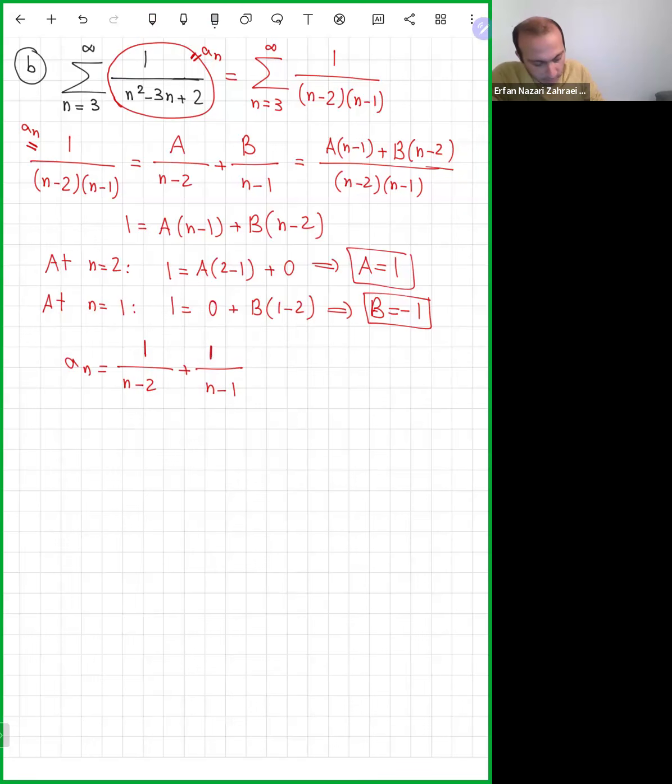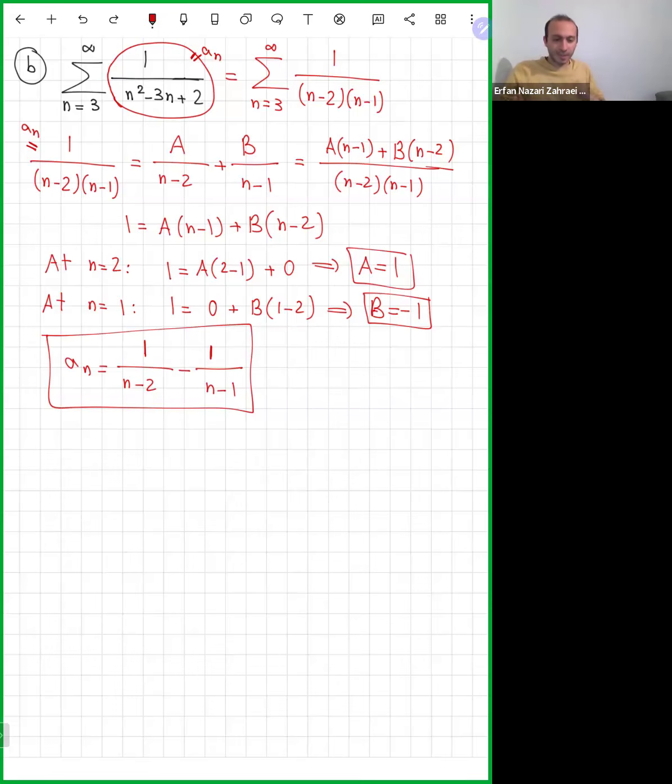Let me put this negative sign between them, and I have this. Oh, that's great. This looks like telescoping because the general term of the series is a subtraction of two terms, and the indices in these two terms differ by 1. So this is a telescoping series.